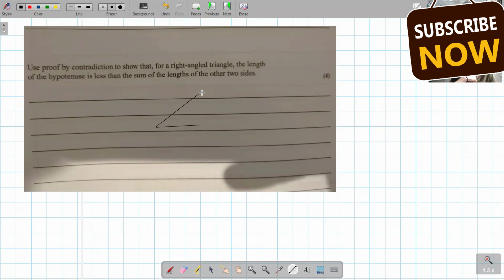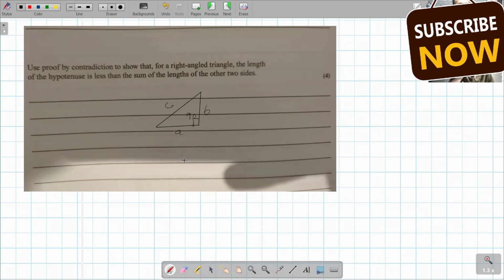Suppose that this is a right angle triangle, and this is the 90-degree angle. This side is C and these two sides are A and B.